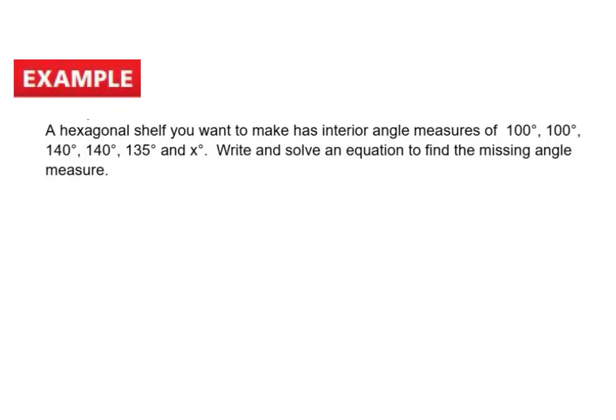In our next set of examples, we don't have pictures. A hexagonal shelf you want to make has interior angle measures of 100, 100, 140, 140, 135 degrees, and x degrees. Write and solve an equation to find the missing angle measures. So this is exactly like the last ones, just no picture. So it says a hexagonal shelf. That means 6 sides. So 6 minus 2 times 180, and 4 times 180.